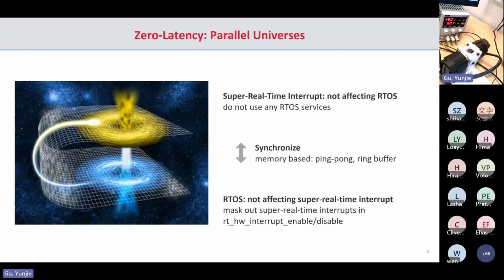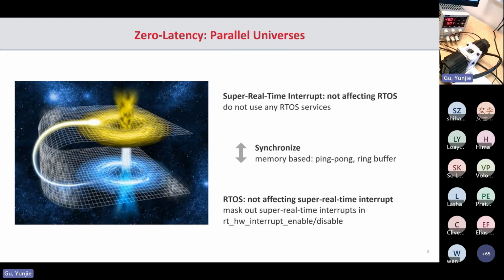And how do we do that? We introduced a concept of super real-time interrupt. This super real-time interrupt just runs in parallel with the RTOS. During the context switch, the mainstream solution is to disable the global interrupt, and we do not do that. We only disable part of the interrupts and leave some other interrupts, what we call the super real-time interrupts, enabled.